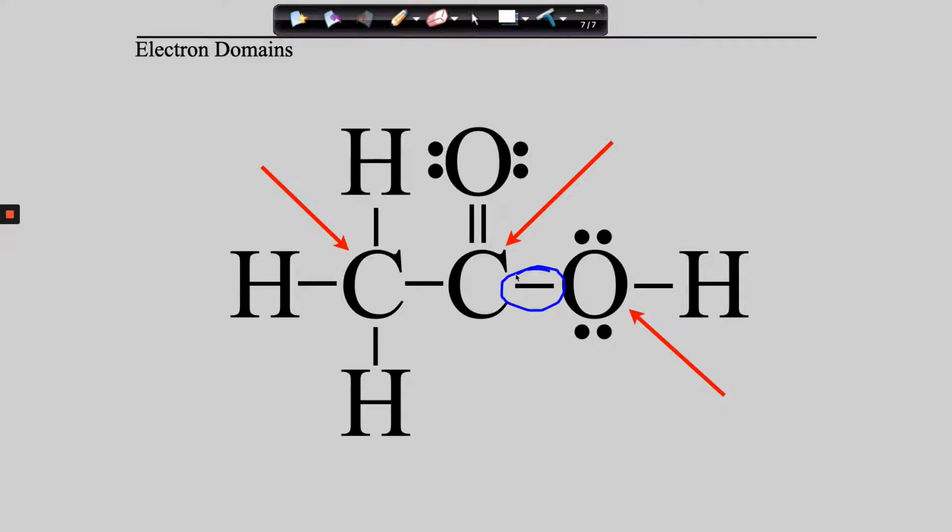For those of you that are voting 2, I'm guessing that you're voting those 2 domains because those are bonds. But guys, are those the only electrons around the oxygen? There's electrons here and there are electrons there. They're not involved in bonds, but there's still electrons around the atom. So this is a domain and that is also a domain, and that then gives us 4 domains.